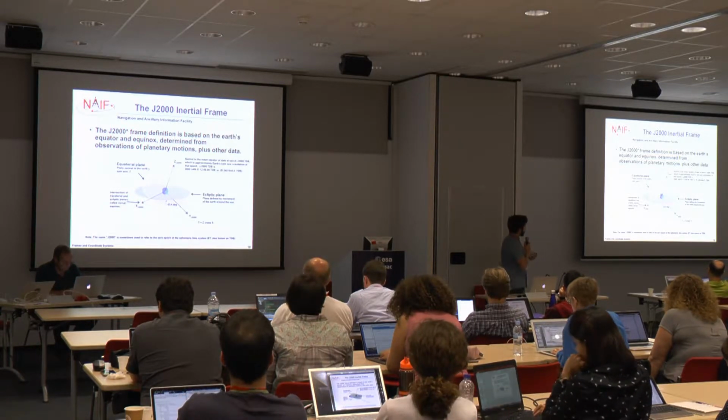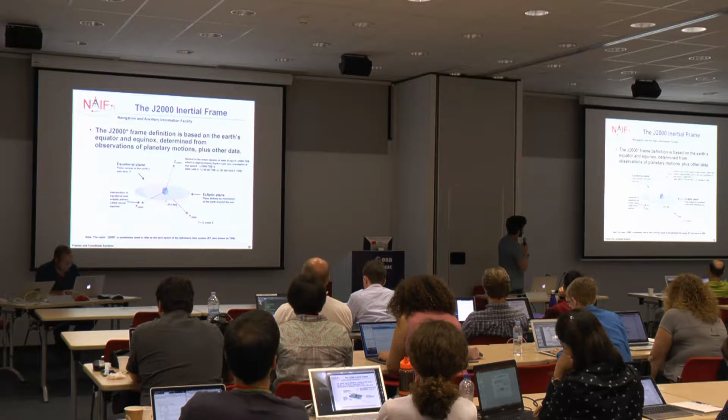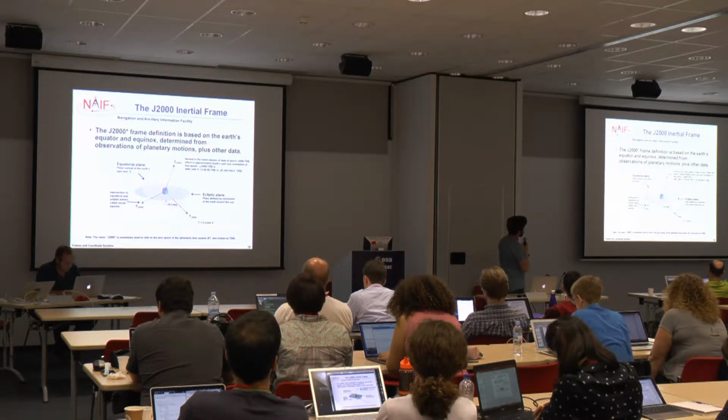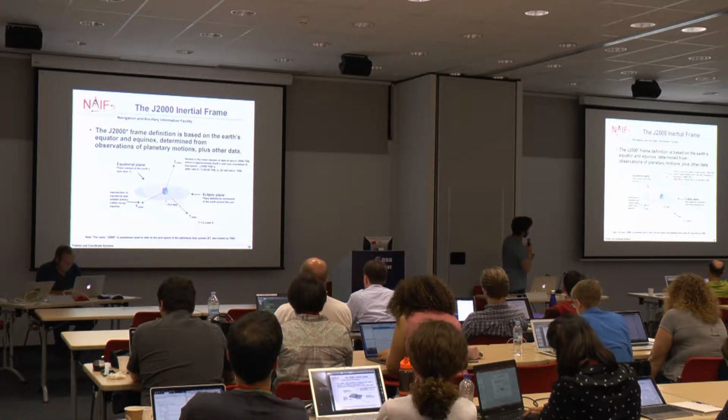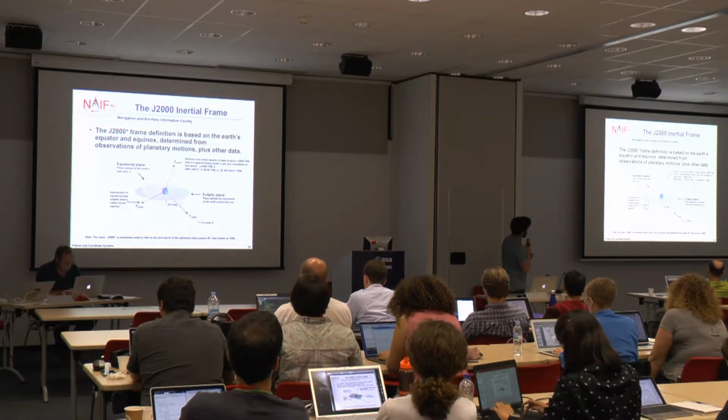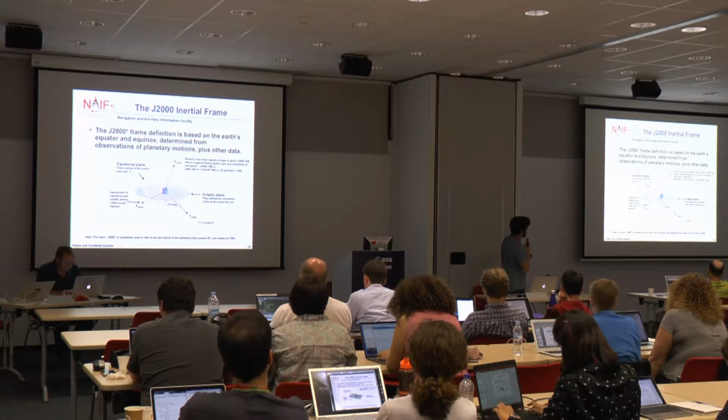On the one side we have the ecliptic plane, and then we have the equatorial plane, which is the plane normal to the Earth spin axis. So the Earth spin axis is used as the z-axis of this frame.